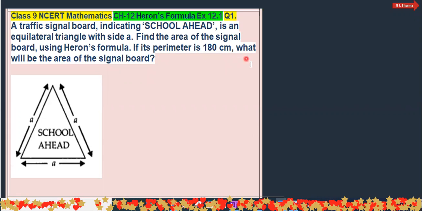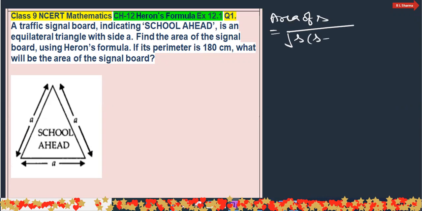हमें देखना है कि इनका एरिया कितना होगा. देखिए, we know that area of a triangle when its three sides are given is given by the area of the triangle is given by root of S into S minus a into S minus b into S minus c.